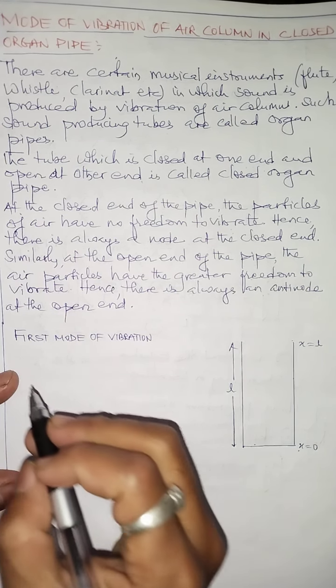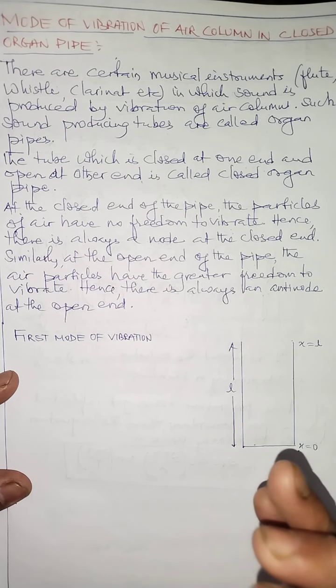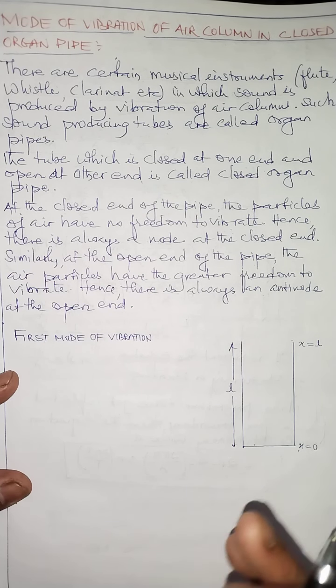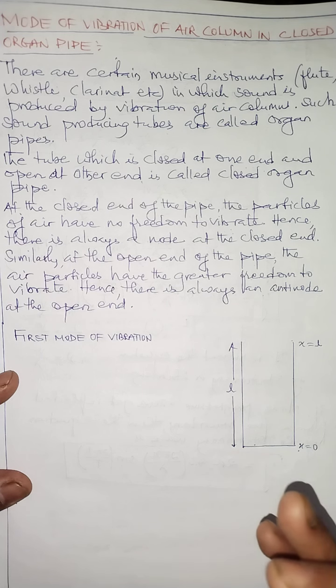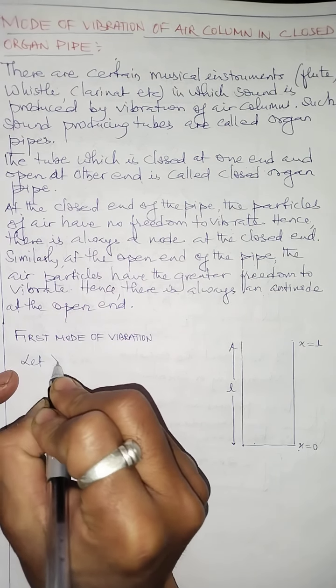Now let me consider that the particles of the organ pipe vibrate in such a way that they produce a sound of single frequency and single wavelength. That wavelength I consider as lambda 1.